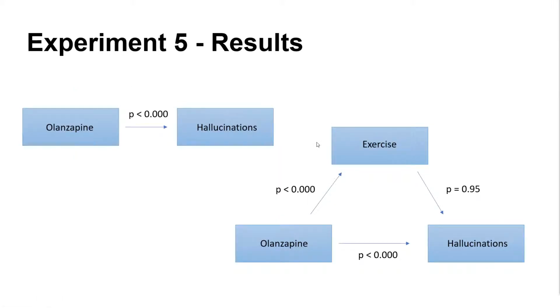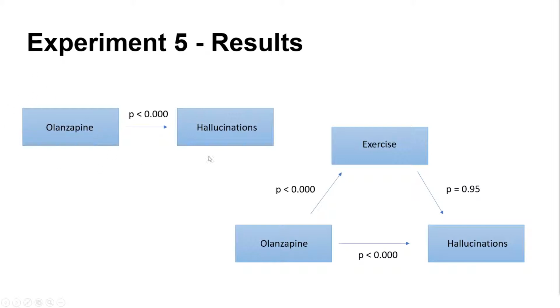And then last but not least, I ran another mediation analysis model where instead of looking at depression symptoms and fluoxetine, I wanted to look at the relationship between olanzapine and hallucinations. Again, I followed Barron and Kenny's advice on how to conduct my mediation analysis for this case.